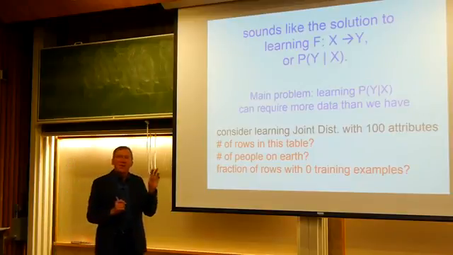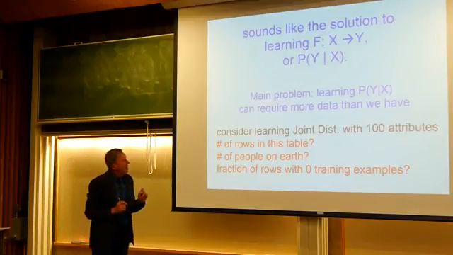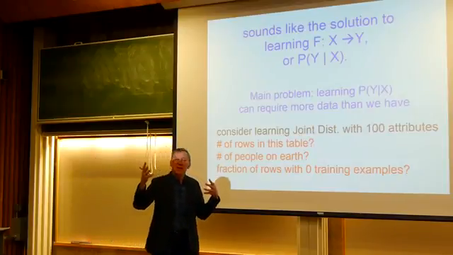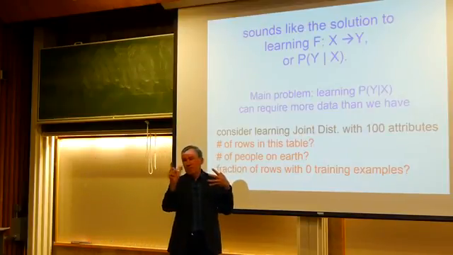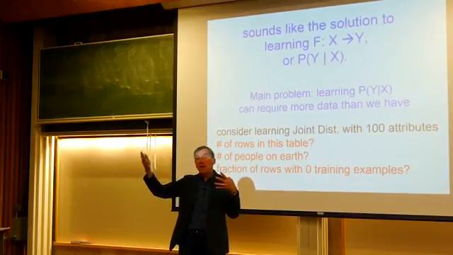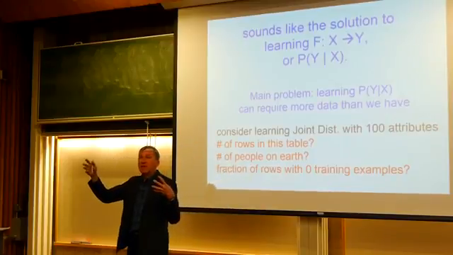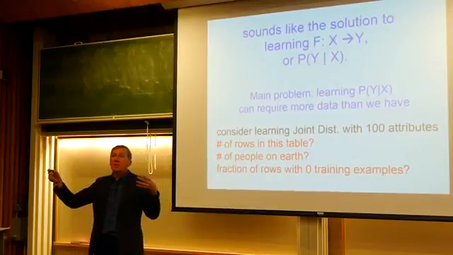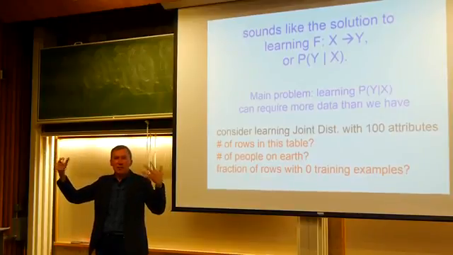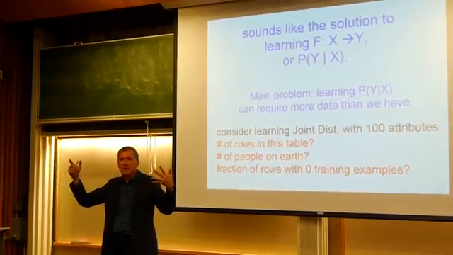If I have those three variables, I have 8 rows. And if I had a database with 1 million people in it, then probably there will be many people in each of those 8 rows once I sort them into their row. And I could estimate the probabilities for each row simply by looking at what fraction of the people fall into that row. Right? That would be the common sense thing to do.